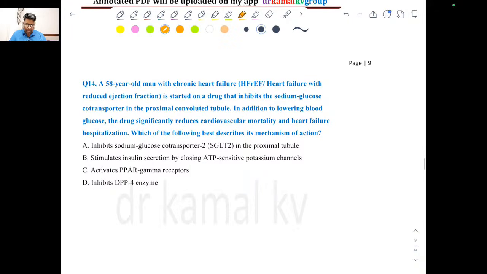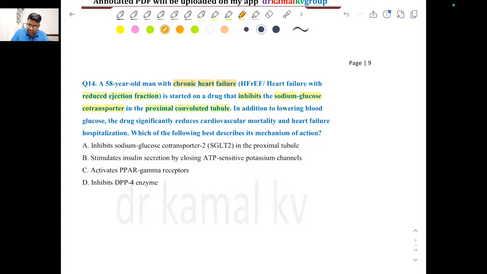Next question, and here a 50-year-old male with chronic heart failure, and he is having reduced ejection fraction, right? So, heart failure with reduced ejection fraction. He is started on a drug that inhibits sodium glucose co-transporter in the proximal convoluted tubule.